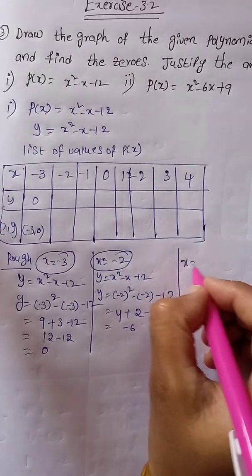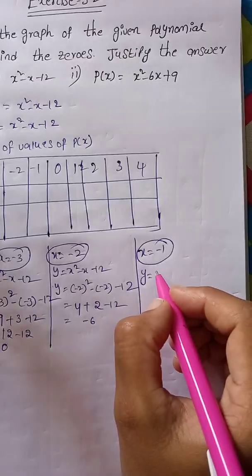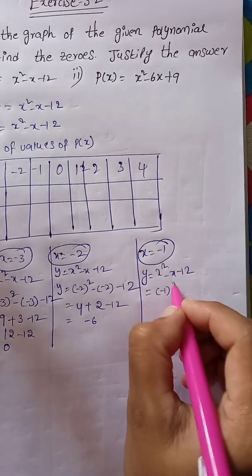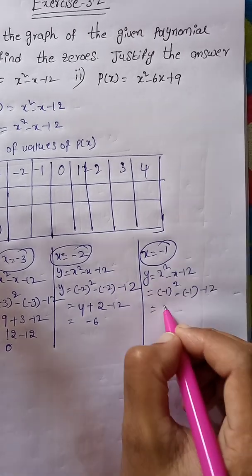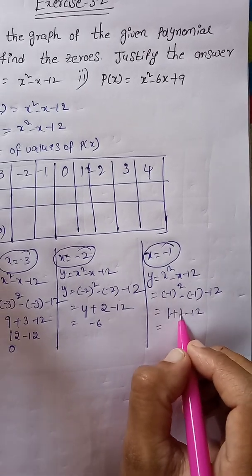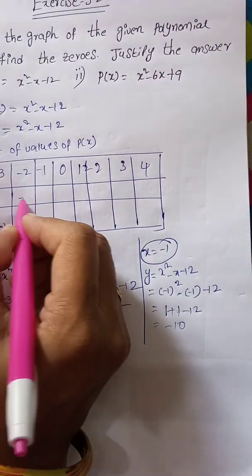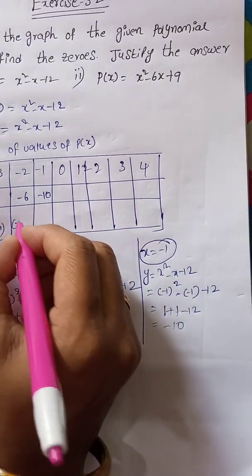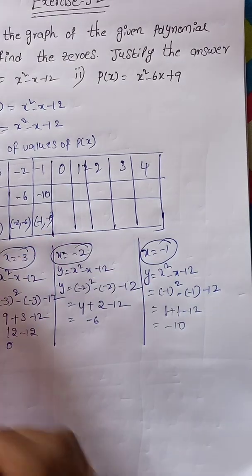Next value is x equals minus 1. y equals minus 1 whole square minus of minus 1 minus 12. Minus 1 into minus 1 is 1, plus 1, minus 12. 1 plus 1 is 2, 2 minus 12 is minus 10. So we get minus 2 comma minus 6 and minus 1 comma minus 10.